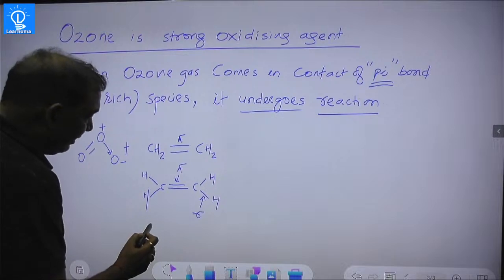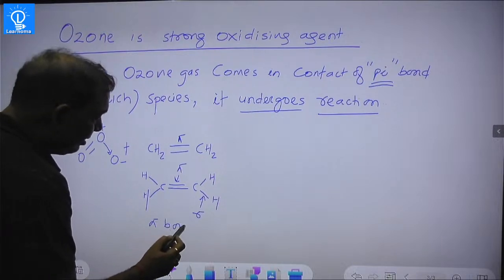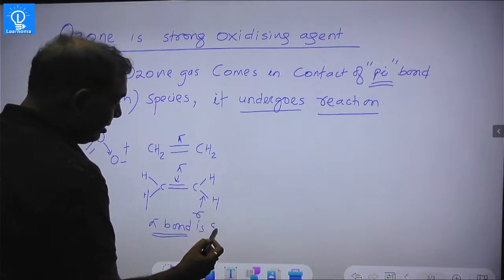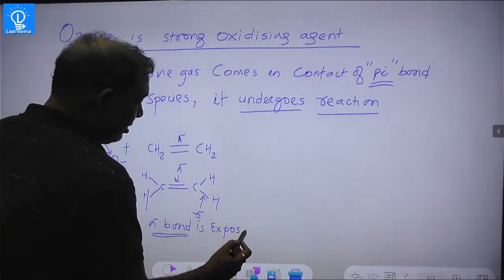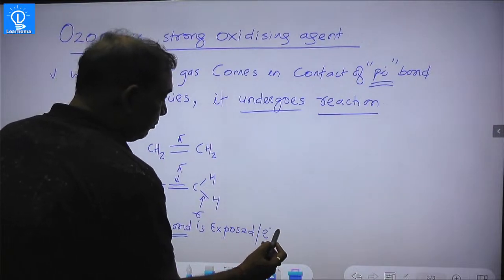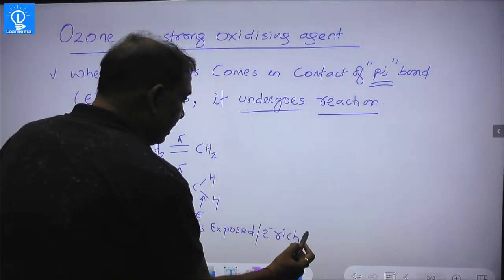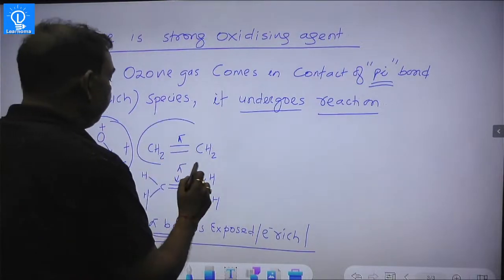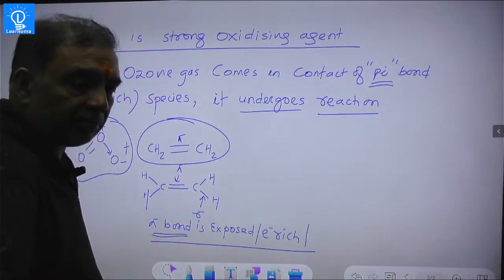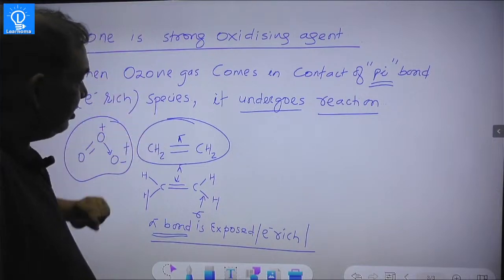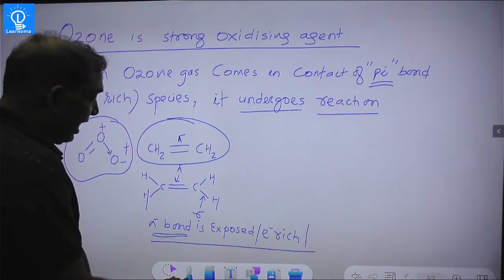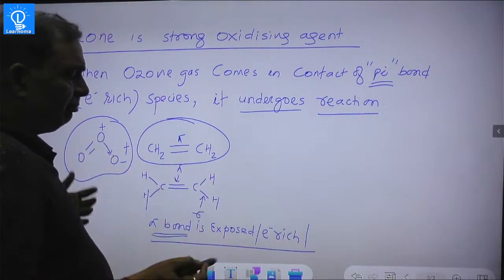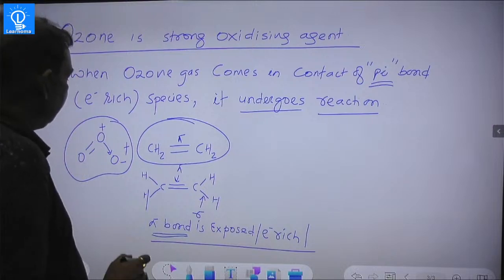The pi bond is exposed. Electron rich. See, now this is the beggar and this is the rich person. Whenever they see this, they try to snatch their electron. How? That is mechanism. For the time being, just consider this.